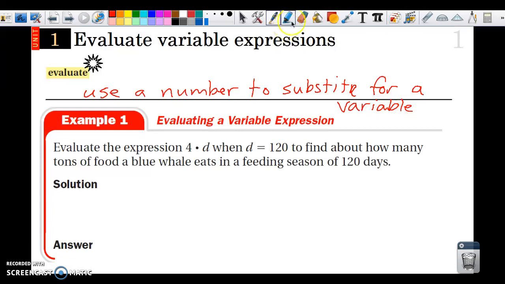And I spelled substitute wrong, sorry about that, I must have been in a hurry. Let's respell that. The word substitute means to put in place, just like in a sport you substitute a player for another player, that is to replace.